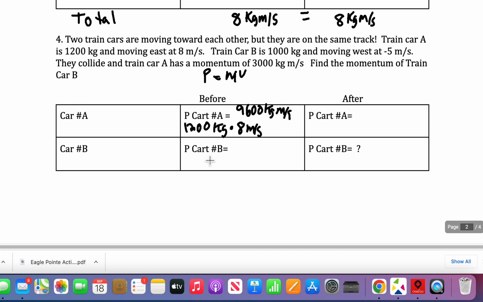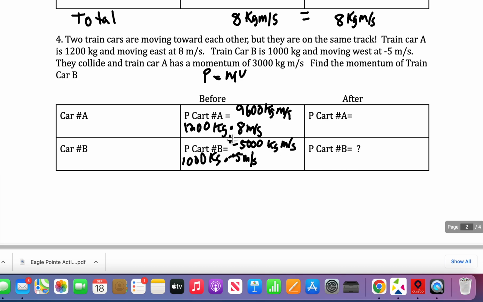Okay, and then train car B is 1,000 kilograms, and it's moving west at a negative 5 meters per second. That's supposed to be a negative. And so that's going to give you negative 5,000 kilograms meters per second.